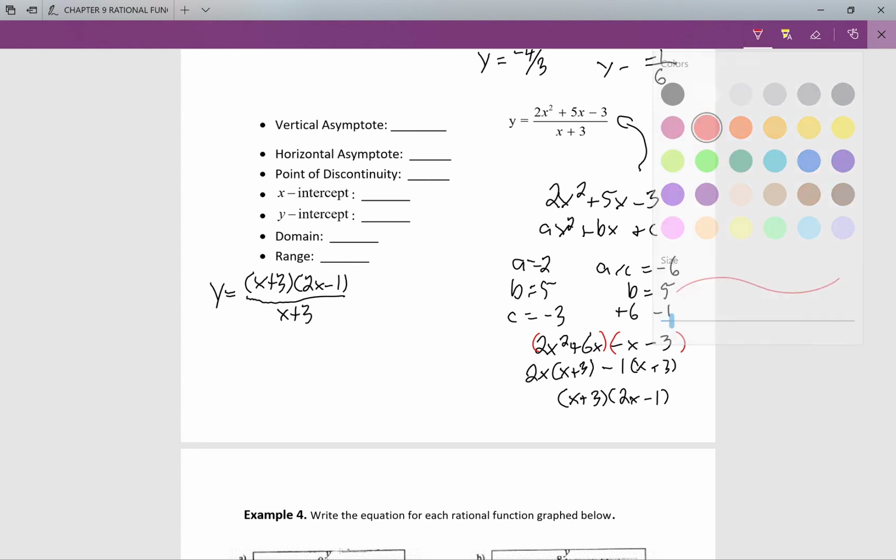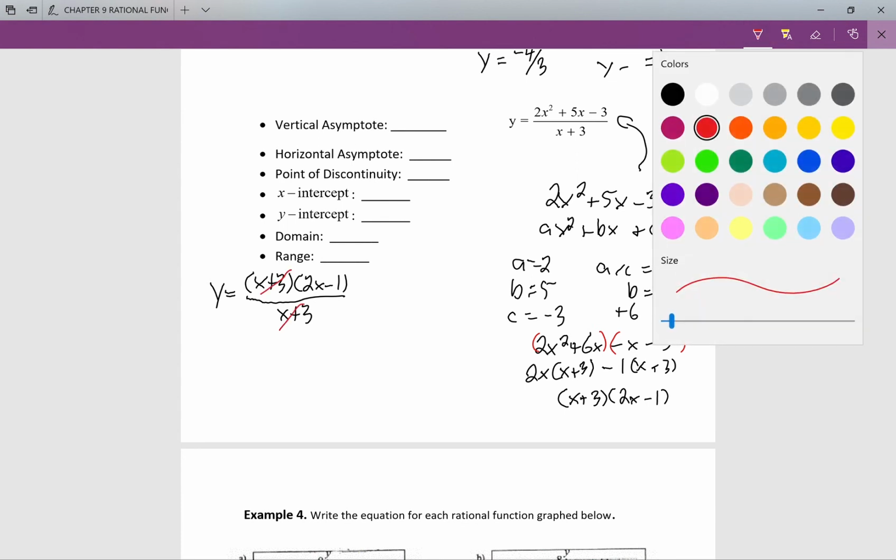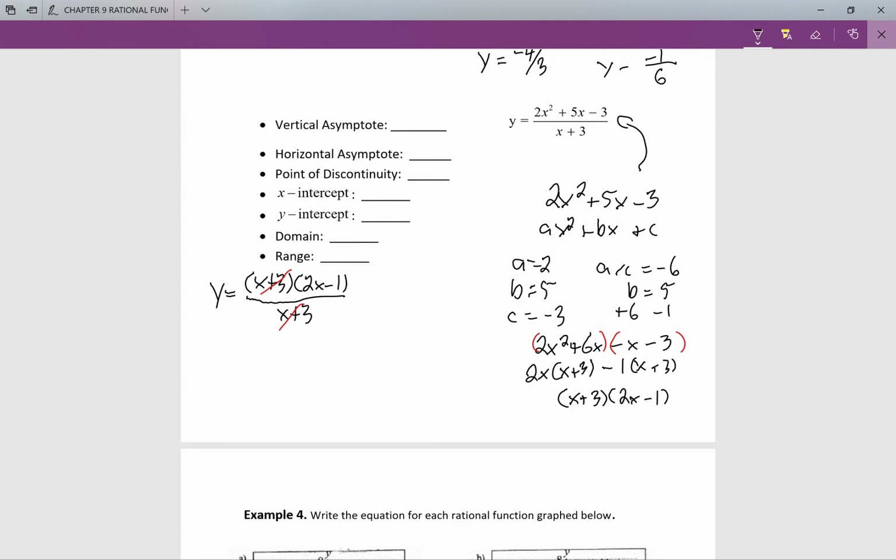Now, moving forward, we notice that we can cancel the x plus 3, which will give me y equals 2x minus 1. So my vertical asymptote, well, I'm not going to have one, because the only thing that we had was canceled off. My horizontal asymptote, we notice that the power on top is larger than the power on the bottom, so that means we're not going to have a horizontal asymptote either.